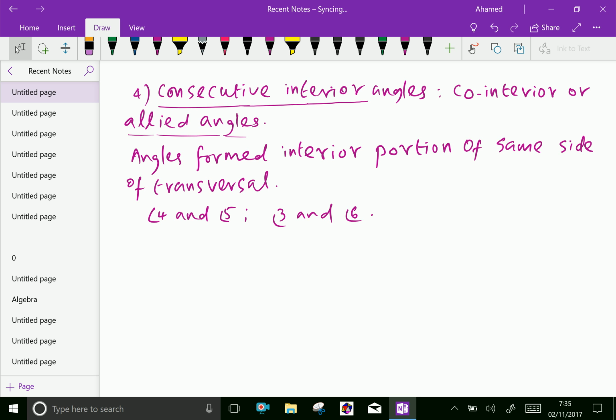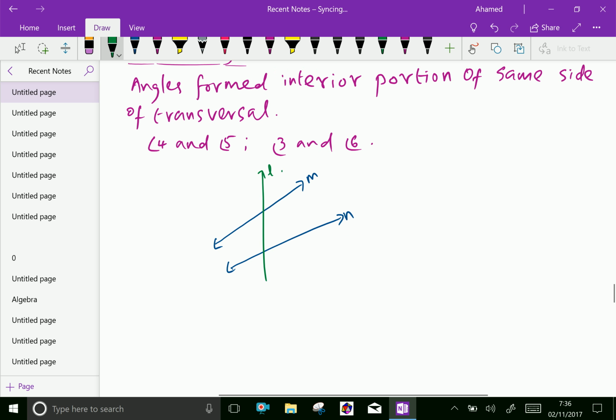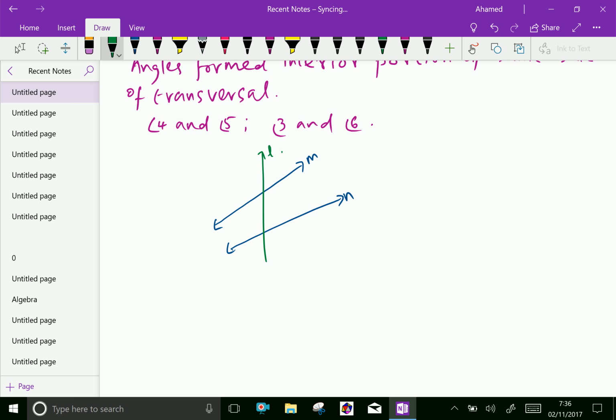Next, consecutive interior angles, which means co-interior or allied angles. Consider these two lines M and N, with the transversal L. Consecutive interior means angle 3 and angle 5.